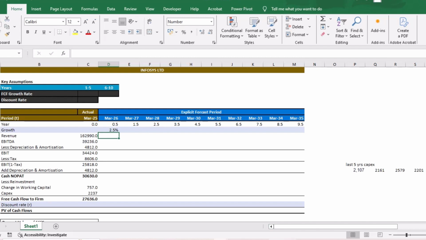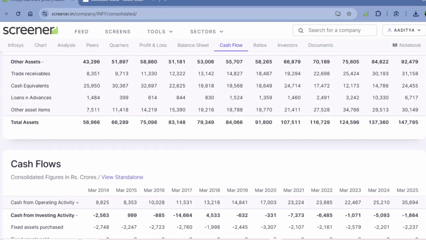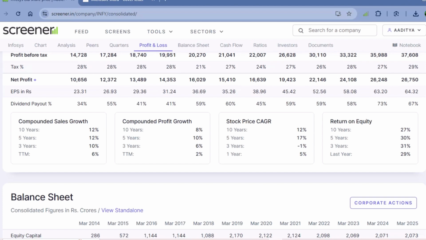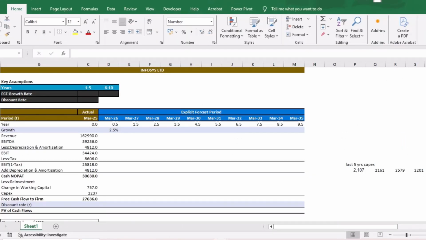Okay, the CAGR, this 10 to 12%, 10 to 11%. So in the long term, for the last 5 years, I am taking the growth of 11%. Okay, and I will just drag it.